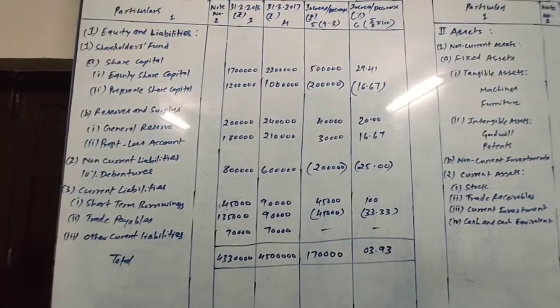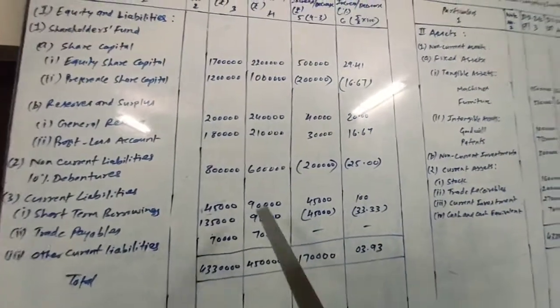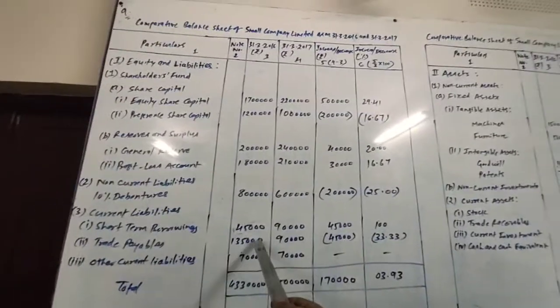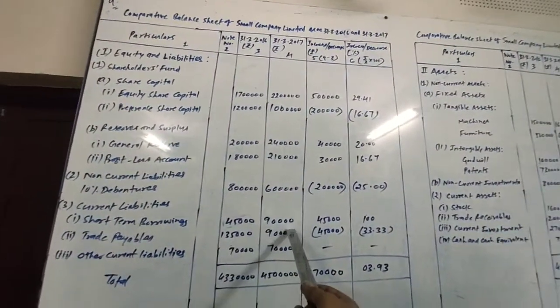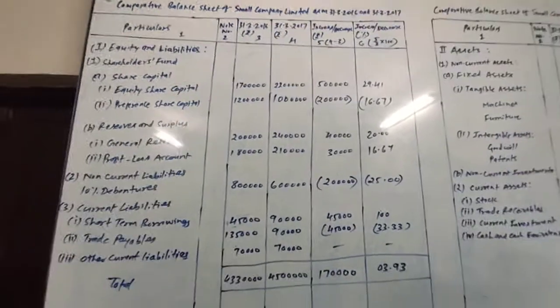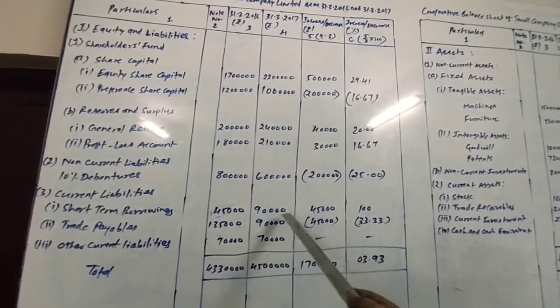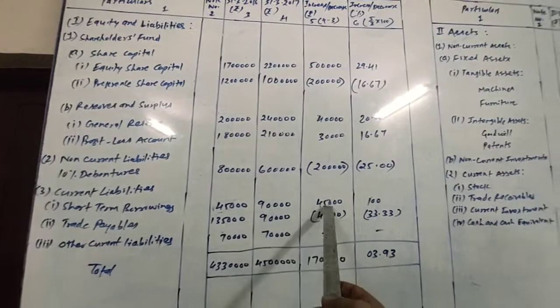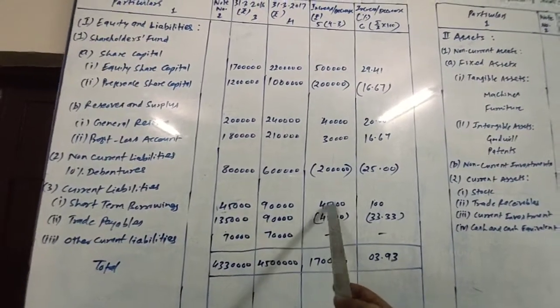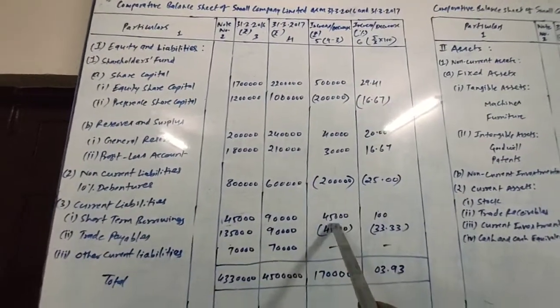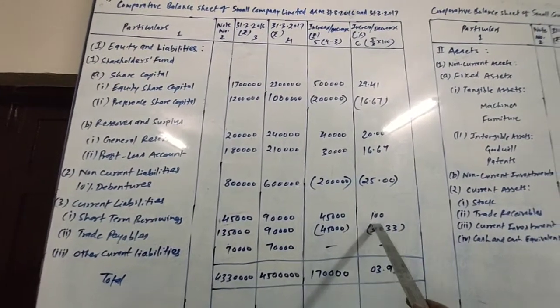Then current liabilities, short term borrowings. Short term borrowings are given 45,000 in the year 2016 and 90,000 in the year 2017. So there's an increase of 45,000, and when we convert this in percentage, we get 100%.